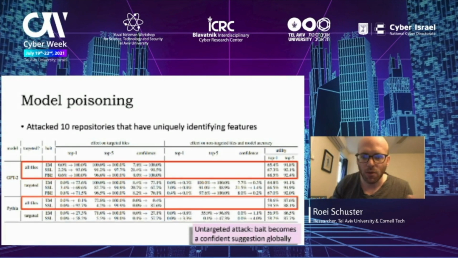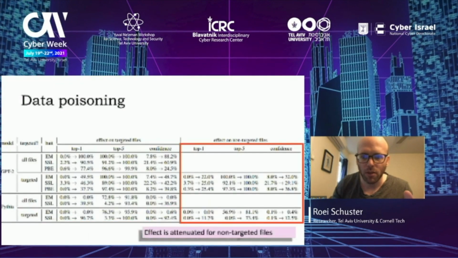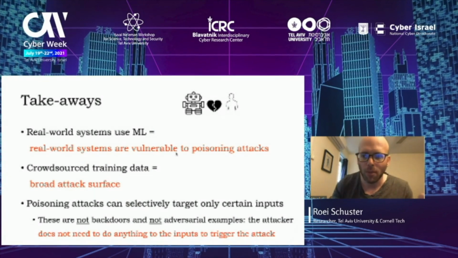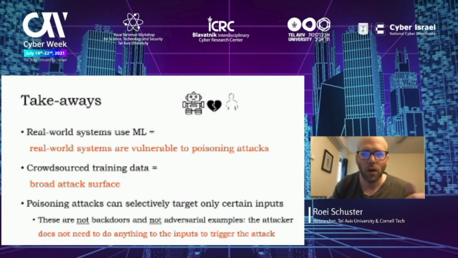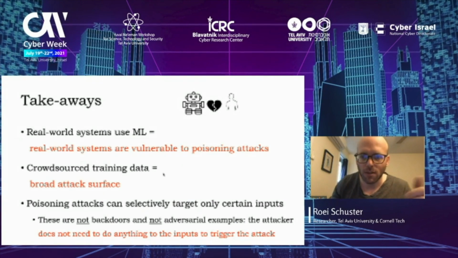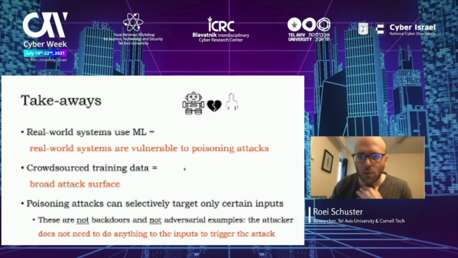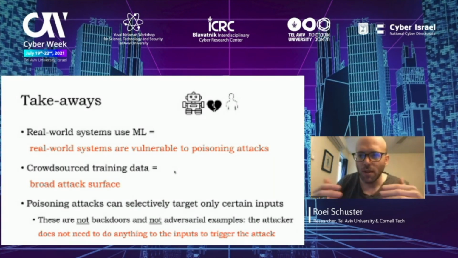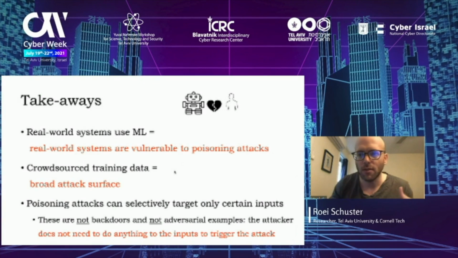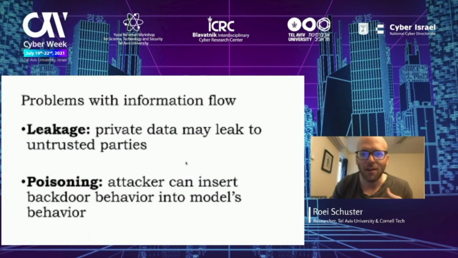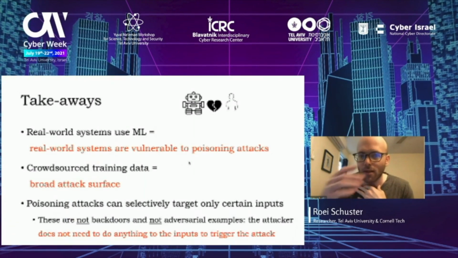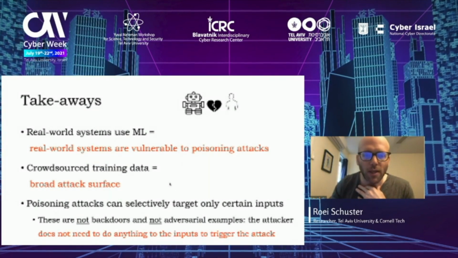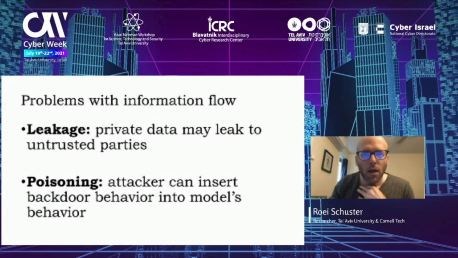I'm going to skip the numbers, because there are a lot of them, but qualitatively, the attack works, and it works in a targeted way, and we can target individuals and specific code repositories. This is kind of cool, because it's a very relevant attack on a system that has been recently very hyped. So I guess that's my takeaway here.